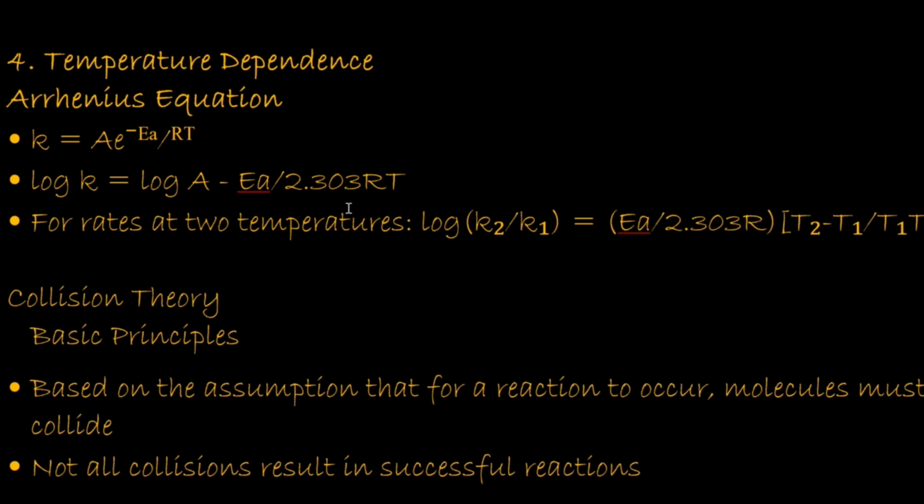Now comes the interesting part, that is the Arrhenius equation. This formula is super important, however many marks you want to give, you can give to this formula from this chapter. That is K is equal to A e to the power minus Ea by RT. Okay, so K stands for rate constant, A is the pre-exponential factor or frequency factor, you can say.